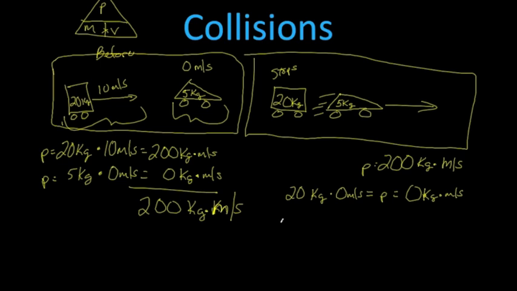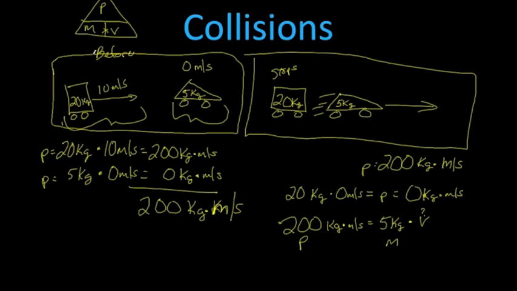So now, if we know the overall momentum of the system is 200 kilograms meters per second, it's all wrapped up in the motion of that triangle car. So 200 kilograms times meters per second equals 5 kilograms, which is the mass, times its velocity, which is our unknown quantity. Now, how do we calculate that? Well, we're given momentum and we're given mass.